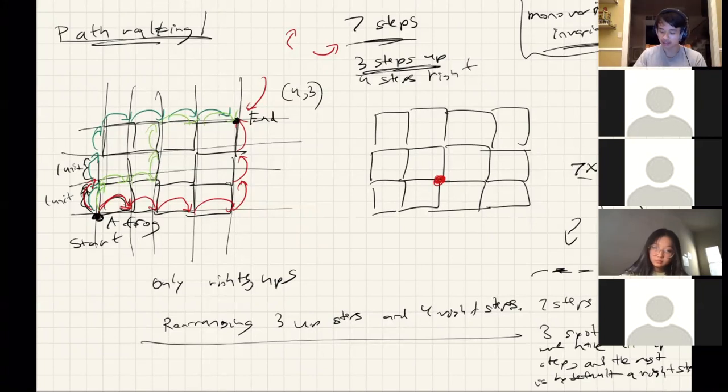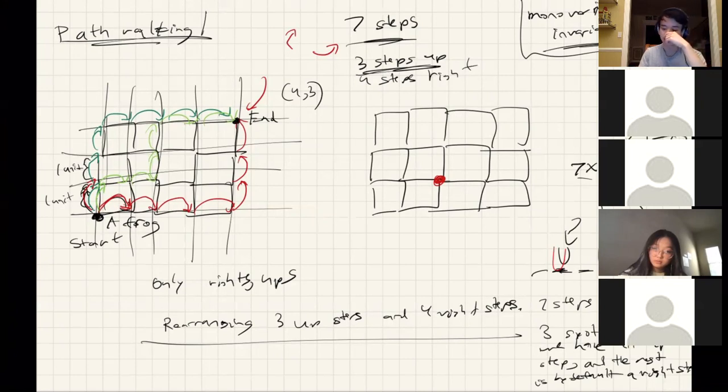So if you have an up step here, then we place the second up step here, and then the last up step there, it would be the same as if we had placed the first up step here, the second up step here, and the third up step there, right? It would be the same path. They would correspond to the same path. So each path is counted exactly 6 times in our count of 7 times 6 times 5, which is 210. So we have to divide by 6, and that should come out to be 35.